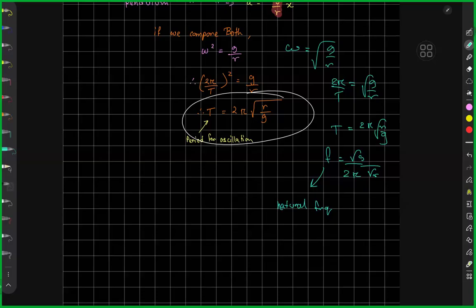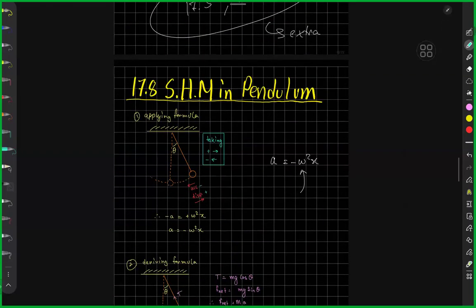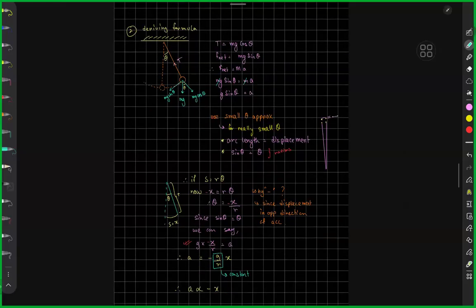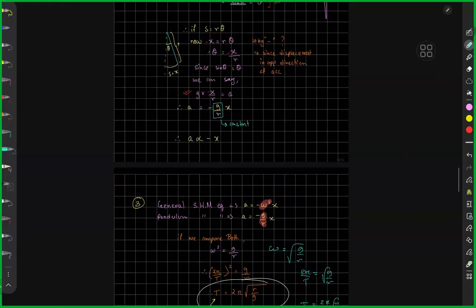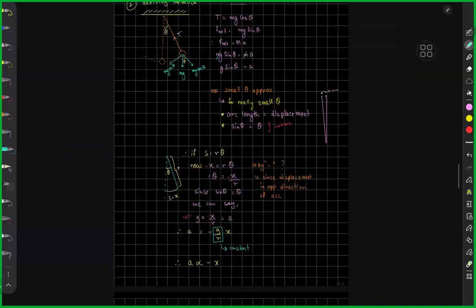So in case of a pendulum, the value of gravitational field strength and the radius determines the natural frequency of the pendulum. Got it? So every object has a different natural frequency.